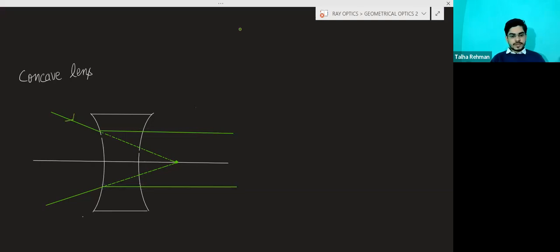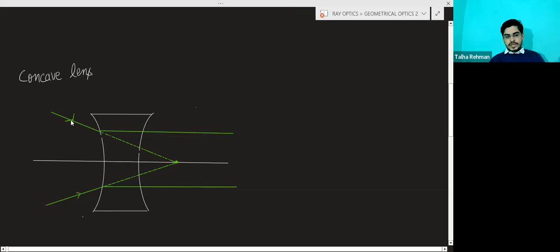So if there are some rays, those rays are just going towards a point. This ray is going toward this point and this ray also is going towards a common point, and after passing through the lens becomes parallel.